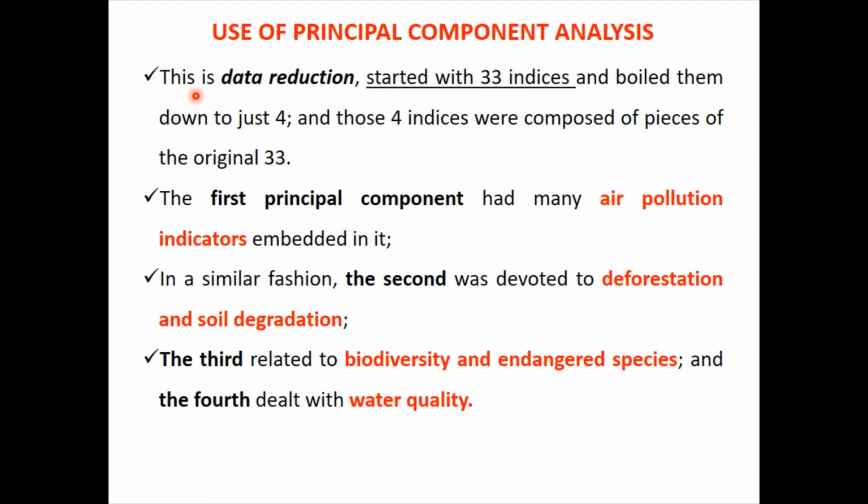This is data reduction, which started with 33 indices and boiled them down to just 4. These 4 indices were composed of pieces of the original 33. Out of those 4, the first principal component has many air pollution indicators in it.